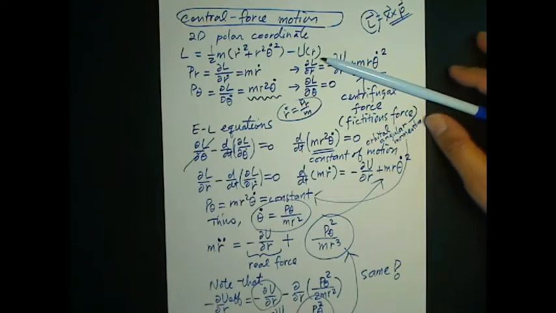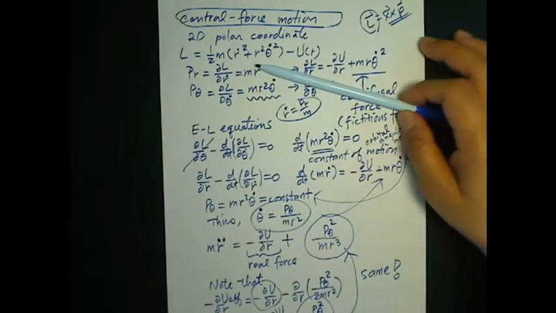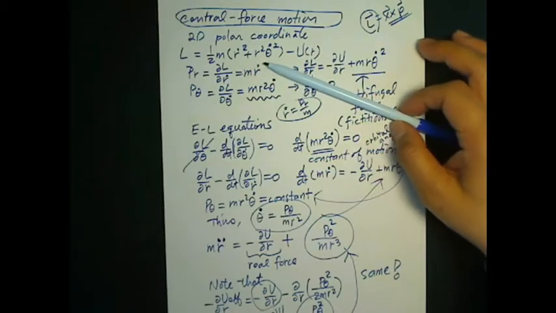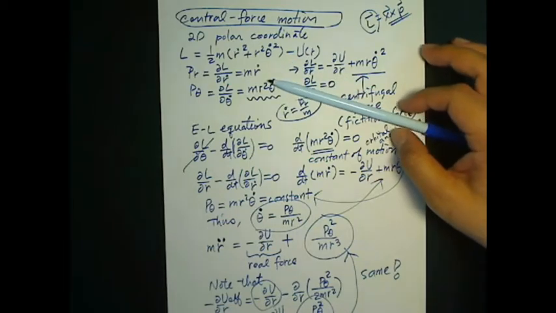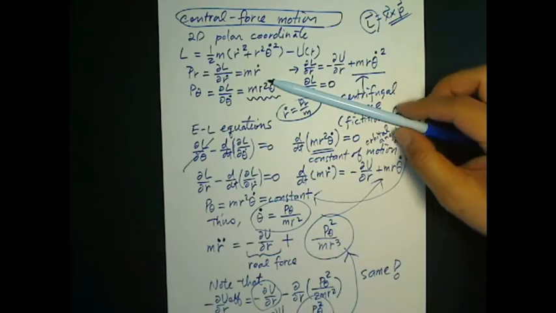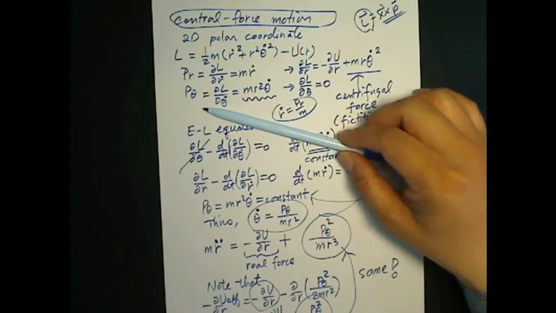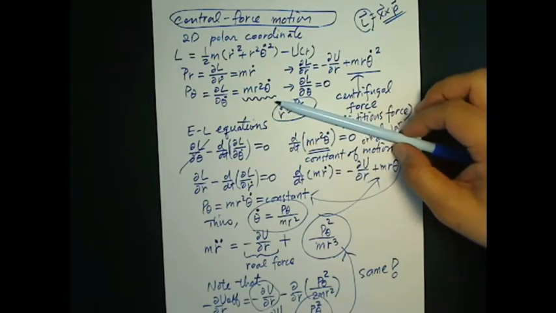So Lagrangian can be written in this way: 1/2 m times velocity squared. Velocity squared in the two-dimensional polar coordinate system is r dot squared plus r squared theta dot squared. The conjugate momentum PR can be computed as mr dot, and the conjugate momentum, that is the orbital angular momentum corresponding to theta, is obtained by this angular momentum mr squared theta dot.